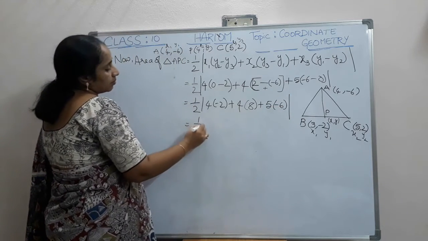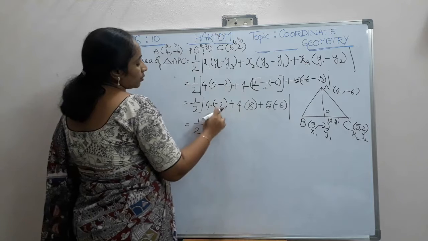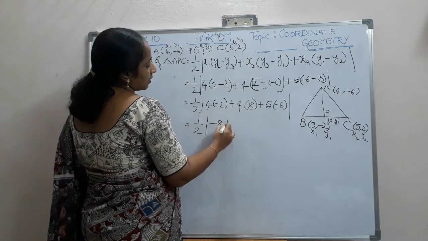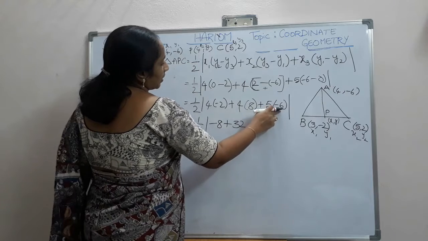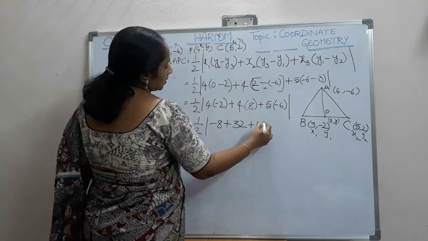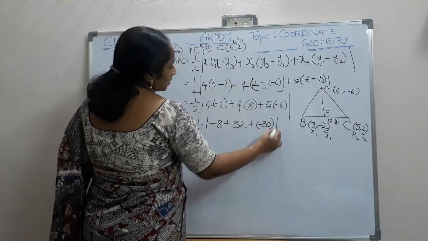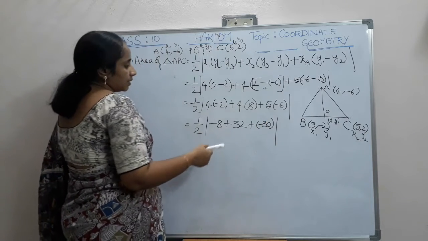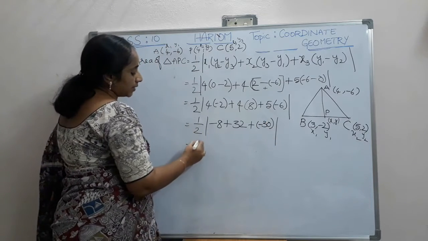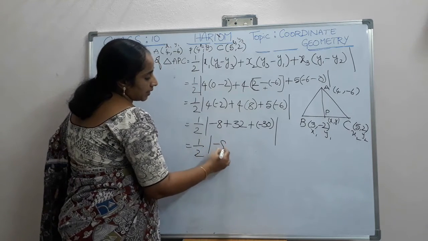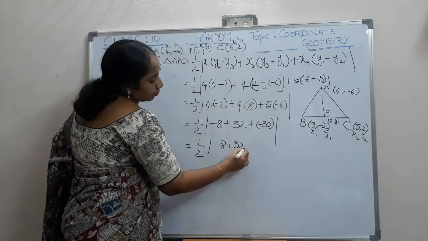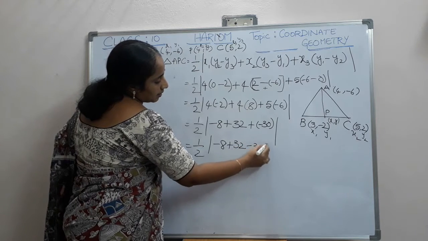That is half of minus 8, plus 32, minus 30. It is 1/2 modulus of -8 + 32 - 30.